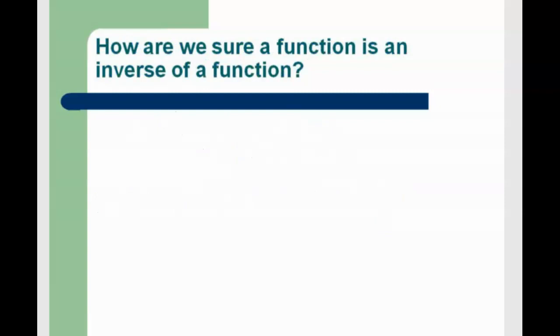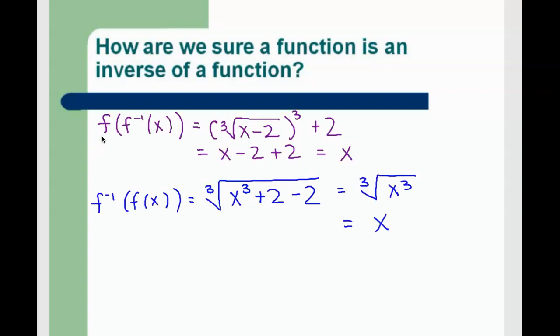How are we sure if a function is an inverse of another function? Well, the way you can determine if two functions are inverses is by doing their function composition. So what I can do is compose f and f inverse with each other and see that I get the identity function x. Or I can do f inverse composed with f and also see I get the identity function x.